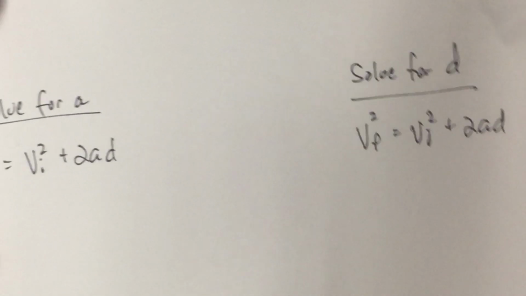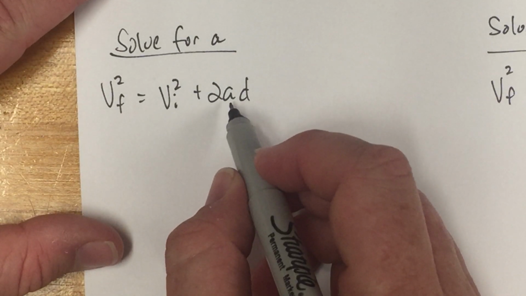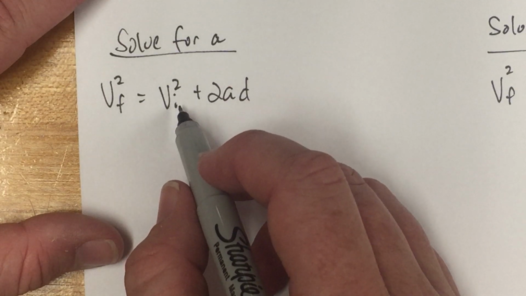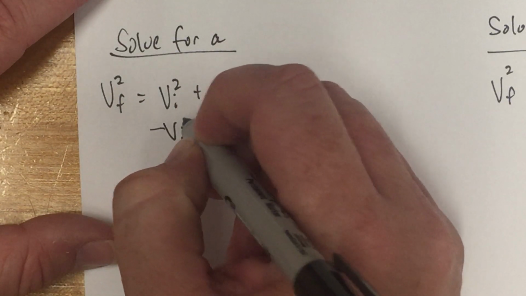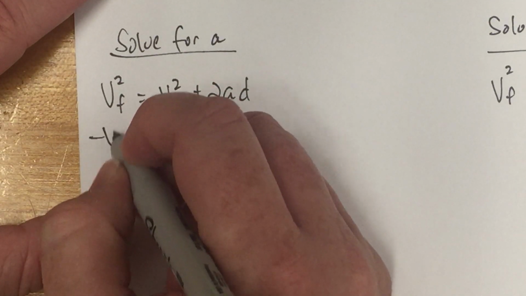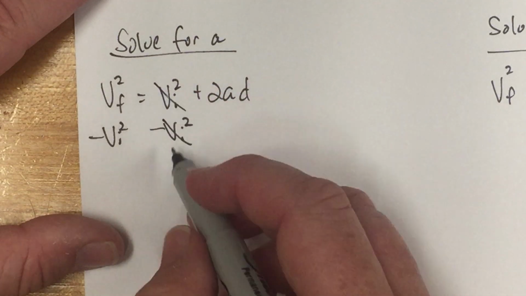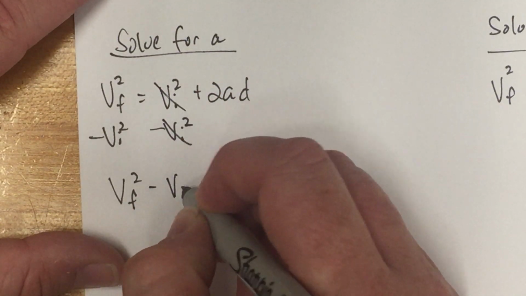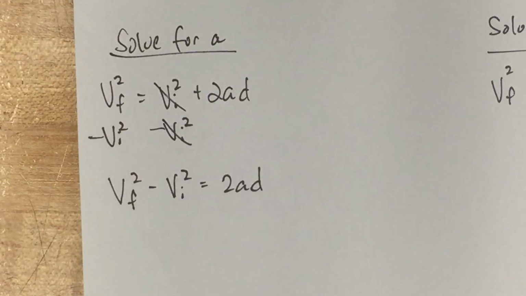Solving for a would look something like this. You want to get the a by itself. You can't divide until you don't have anything added or subtracted anymore. So the first thing I'm going to do is subtract Vi squared from both sides. In doing that, I get rid of it here, and on this side I have Vf squared minus Vi squared equals 2ad.